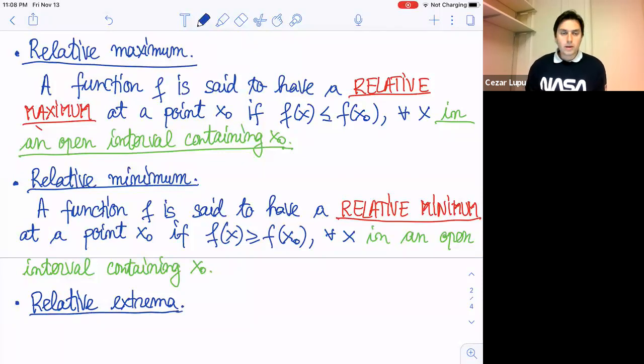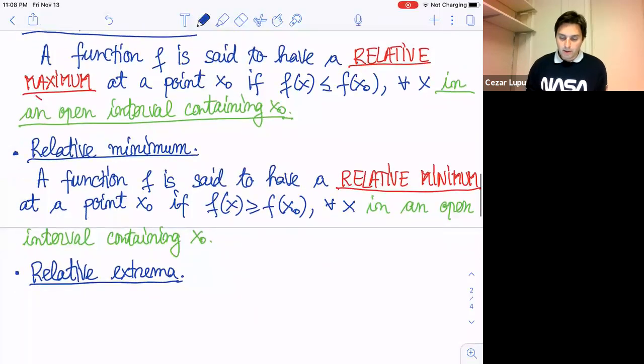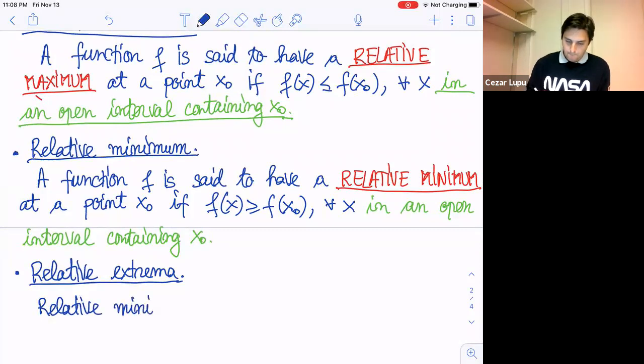And well, you can collect these two and you can say relative minimum, or we can say relative minima and relative maxima.